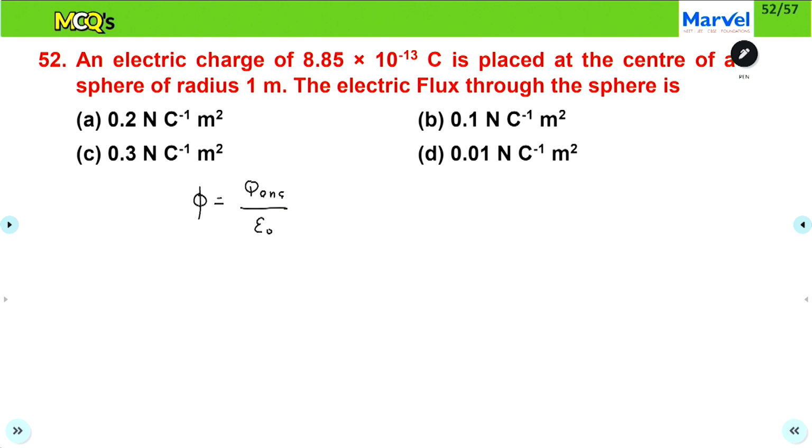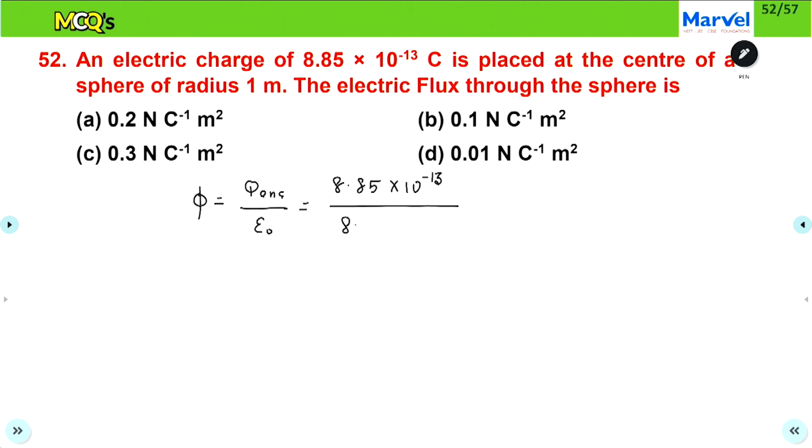Okay. So what is Q enclosed? Q enclosed represents the total charge that is being enclosed by the sphere. So here the sphere is going to enclose a charge of 8.85 into 10 power minus 13 coulomb divided by, what is the value of your epsilon naught?